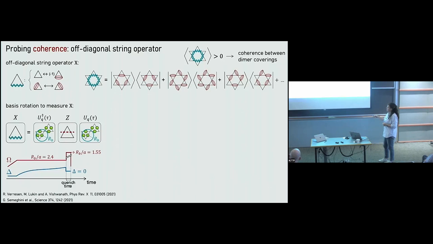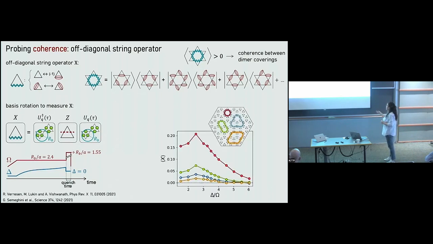So we change the detuning to go to resonance, and simultaneously we change omega such that we can change the blockade radius. And we apply this quench for a specific quench time that applies the basis rotation, and then we measure.